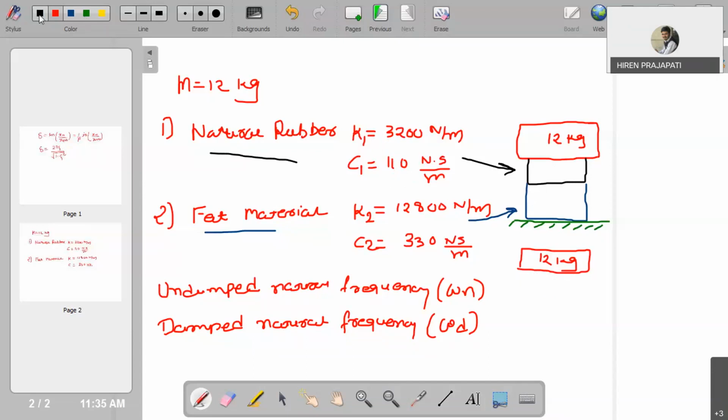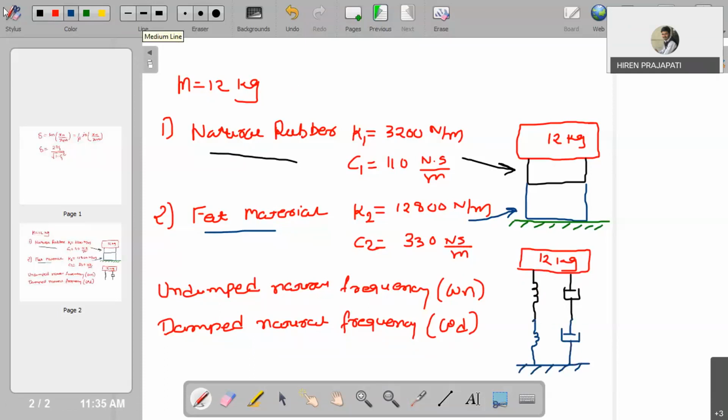First is natural rubber, whose stiffness I indicate by one spring and damping by one damper. Then the felt material is also represented by one spring and one damper, and then we have the ground. Now this is the mathematical model.